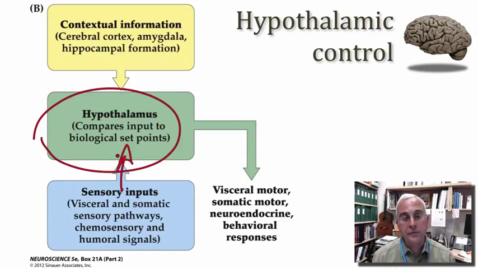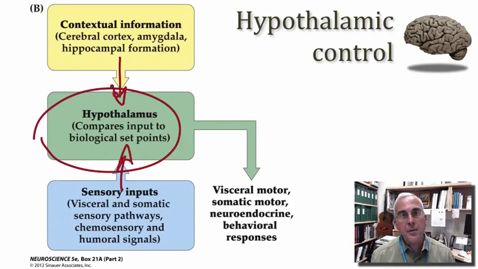Well, all of this sensory information is integrated with contextual information that's derived from the telencephalon, largely the orbital and medial parts of the prefrontal cortex. Other parts of the cerebral cortex project to the hypothalamus as well, as does the amygdala and the hippocampal formation in the medial parts of the temporal lobe.